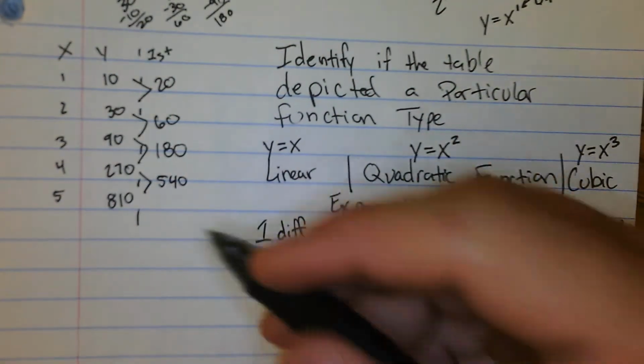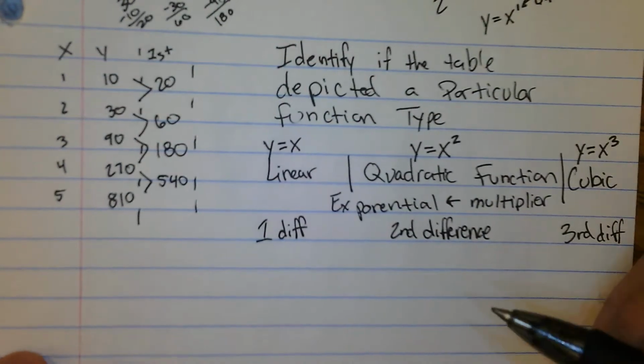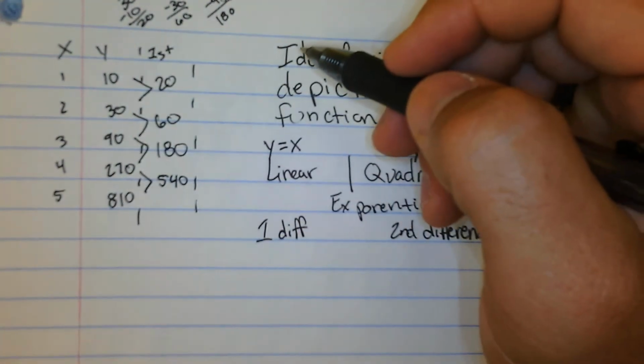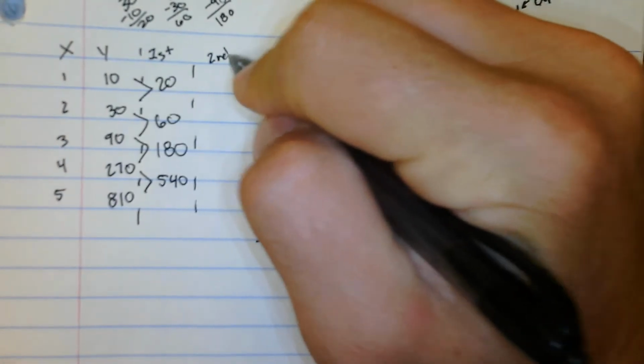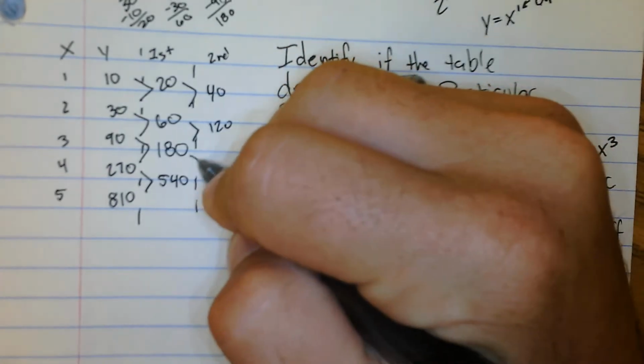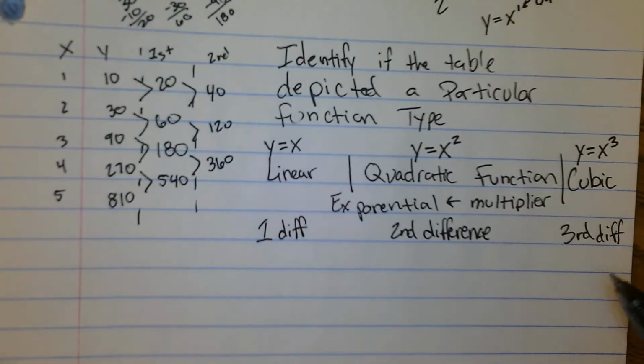Okay? If you notice, the first difference is not constant. It's not linear. Okay? If we did the second difference, it wouldn't be constant either. We get 40, 120, what, 360? It's not constant either.